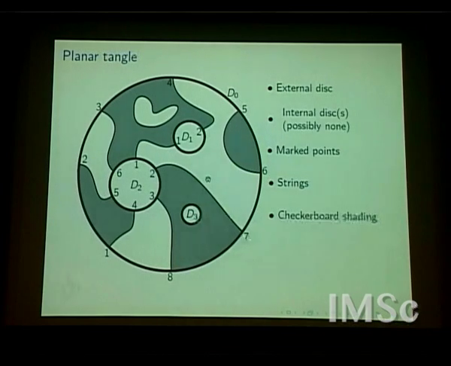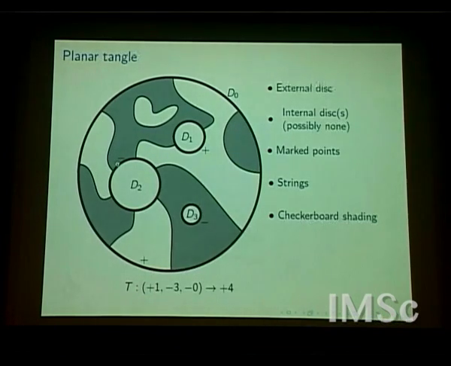For example, you look at D2, so between 1 and 6 it is shaded, so you will put a minus there. And for D1 between 2 and 1 going clockwise, you will put a plus there, and so on. And D3 will have only minus, because it is in a shaded region; shaded means minus and unshaded means plus.